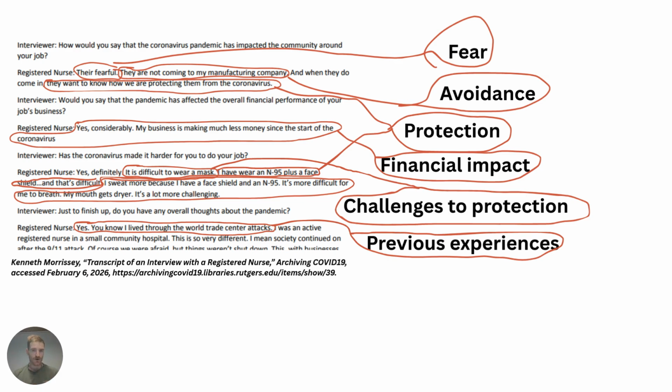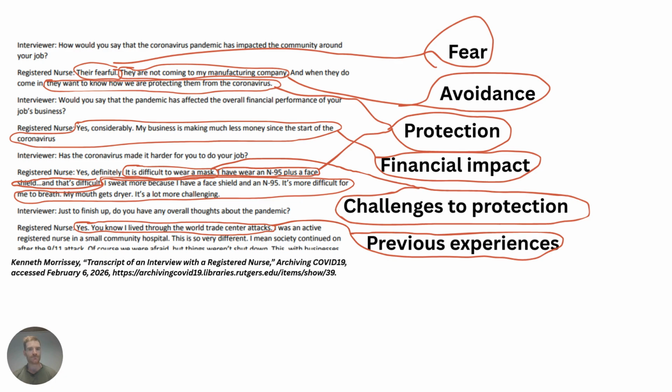So here's an example of a piece of text that I have very briefly coded. It's a text about a registered nurse being interviewed about their experiences throughout the COVID pandemic running a manufacturing business.